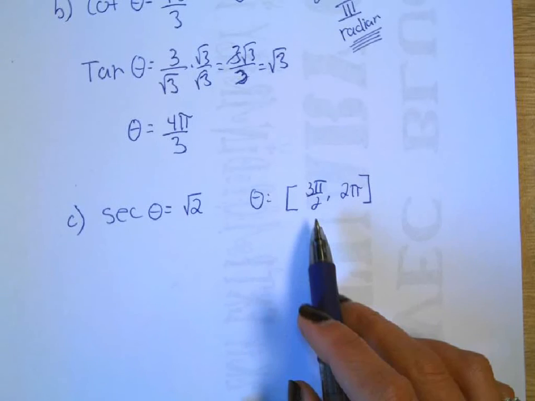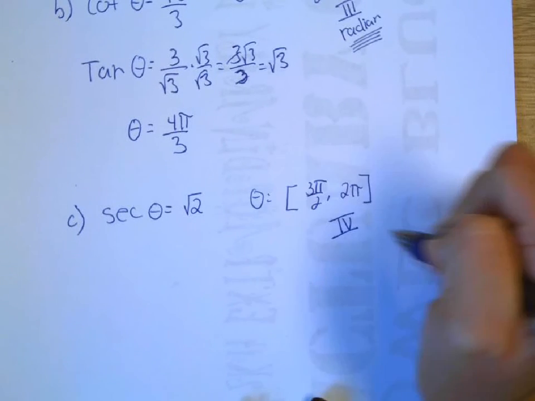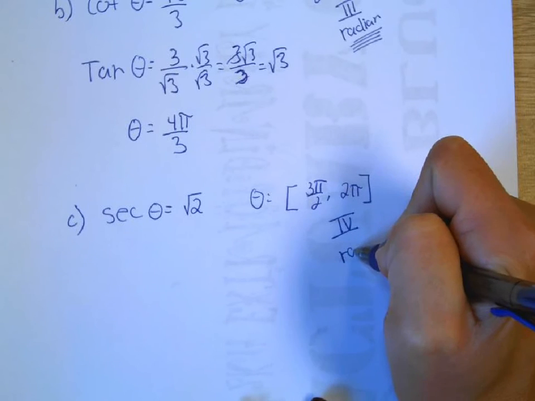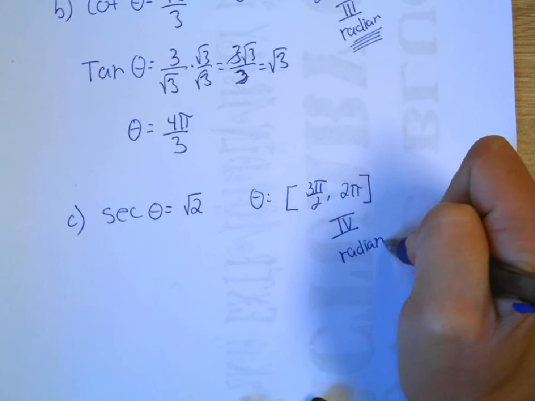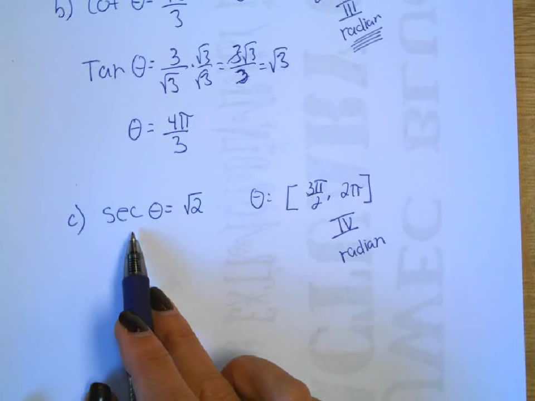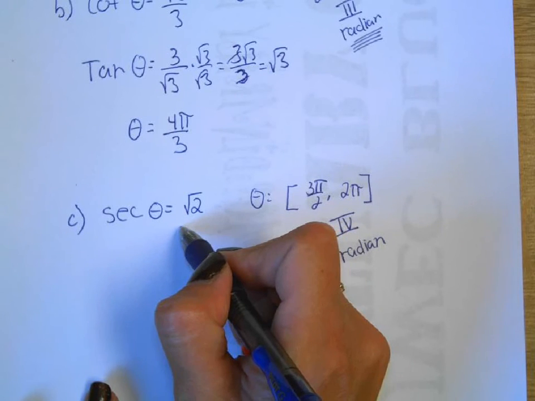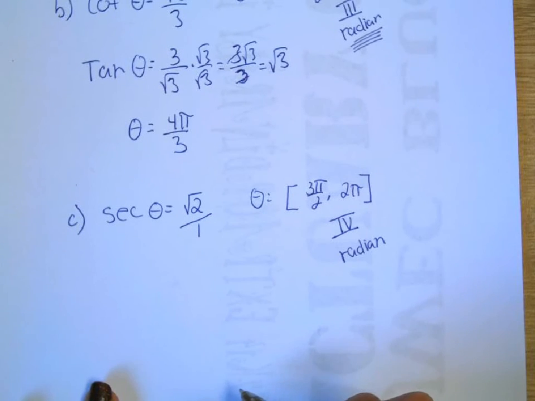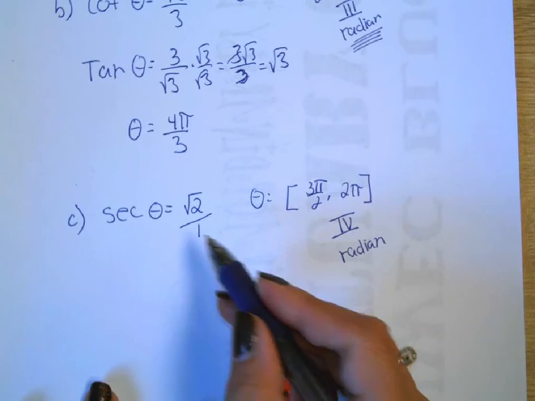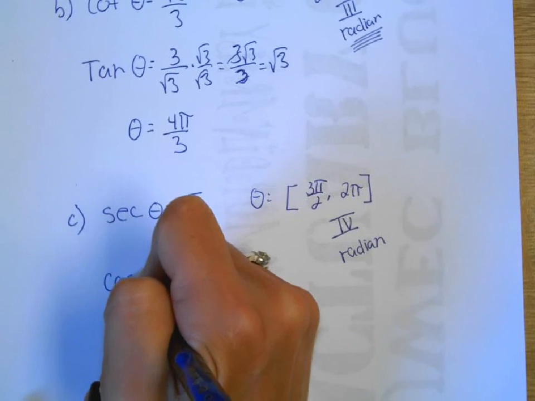Okay, obviously, which quadrant are we looking in? 4. What kind of answer do I want? A radian answer, so we want one of the pi answers. We don't have secants on there. What do we have that we're going to look up? If I flip this back over, what ratio am I going to have?